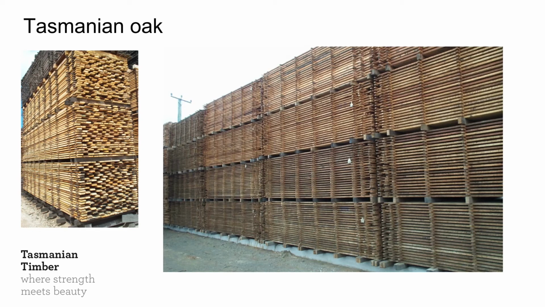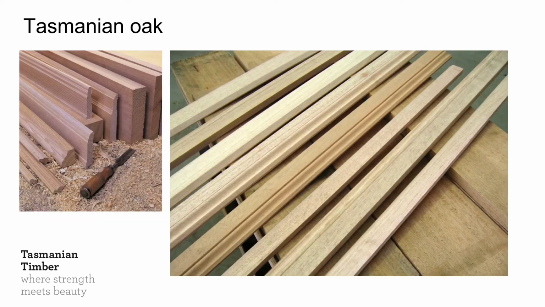So here's the material in rack, but then it's converted into products like this. With Tasmanian oak, it's actually three species together. It's Eucalyptus obliqua, which is the bulk of it. In Victoria, that's also called messmate. There's Eucalyptus delicatensis, and there's Eucalyptus regnans.